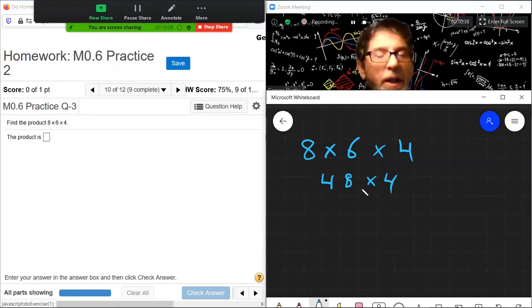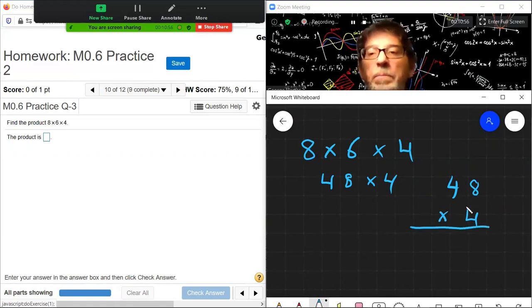It's obviously not on a table. So what you should definitely do is, on the side, do it vertically. 48. Now, we haven't gotten to multiplication with higher than 12 yet, so this is like a preview of what's coming later. So we're going to say 4 times 8 is 32: right-hand digit, left-hand digit, and put a plus in front because we're going to add the 3 to whatever 4 times 4 is.